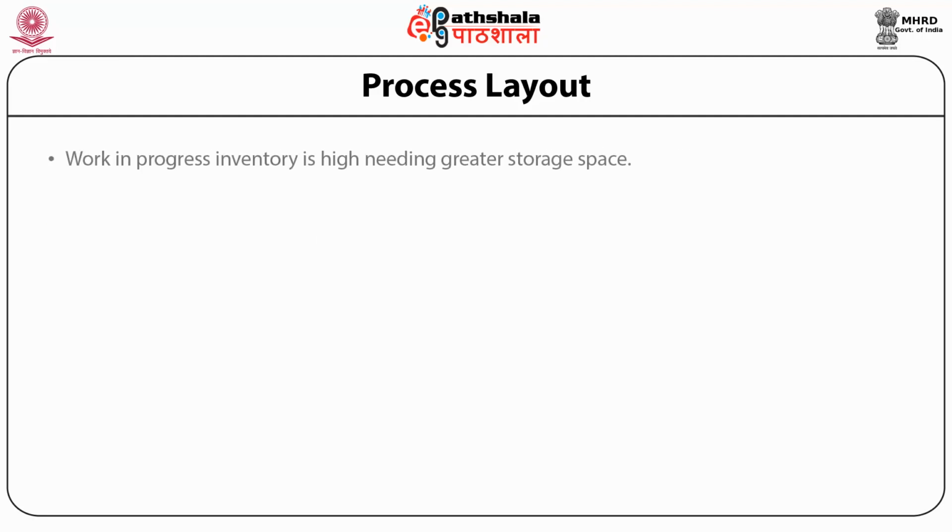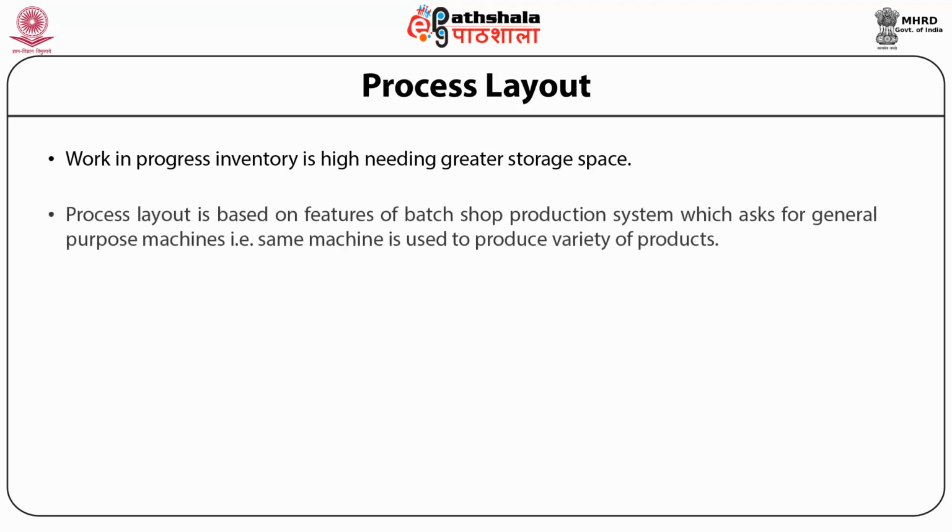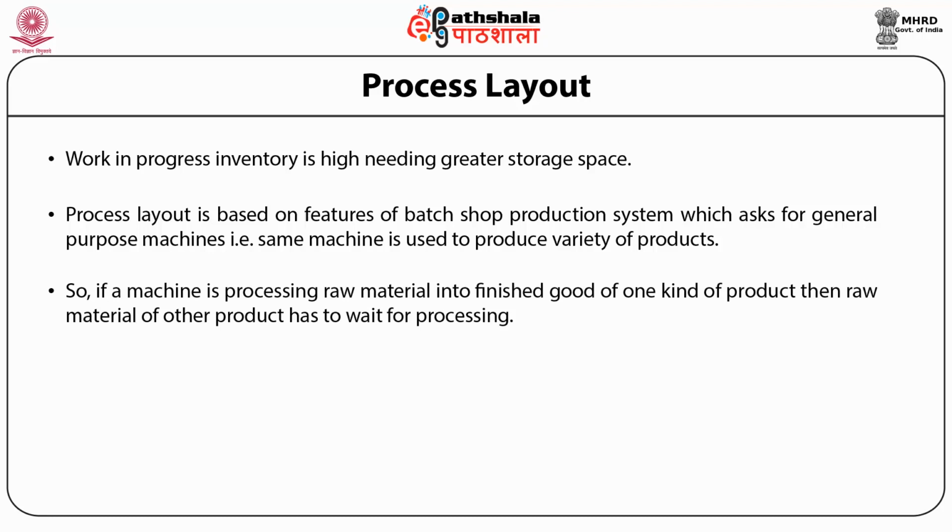The time gap or lag in production is higher. Because of the loss of productive time in changeover of machines and labor, the processing rate tends to be slower, leading to loss of production. Work in progress inventory is high, needing greater storage space.